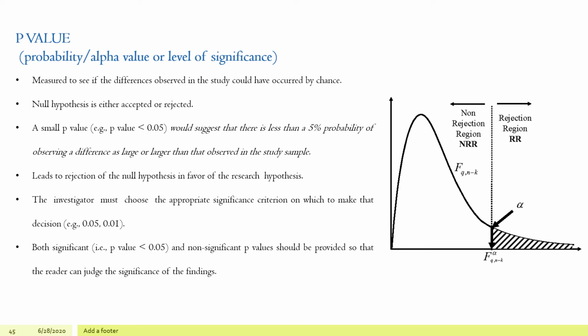Both the significant p-value, that is less than 0.05 for a 95% confidence interval, and the non-significant p-value should be provided so that the reader can judge the significance level. When you are reporting anything, you have to tell whether you have set the confidence interval at 95% or 90%.